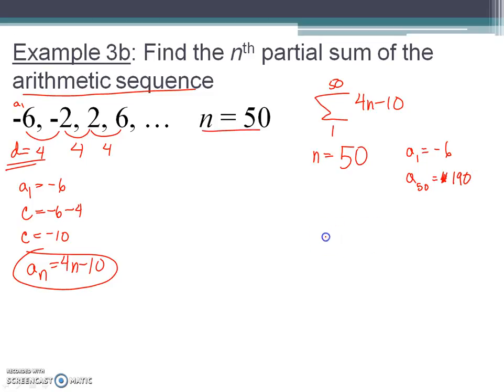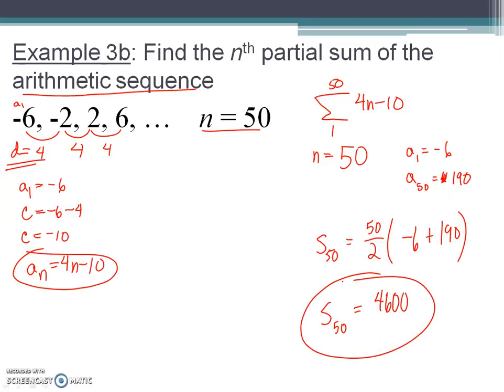So now we're going to find the sum of the first 50 terms by doing n over 2 times the first term plus the last term. So put this into your calculator, do it by hand, whatever. We get 4,600.